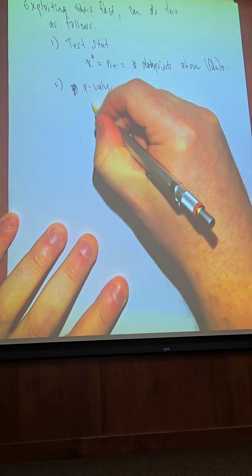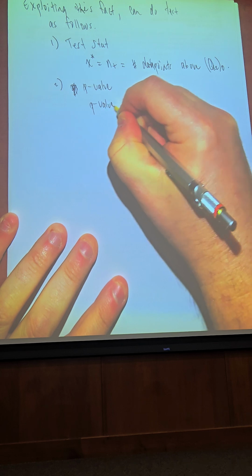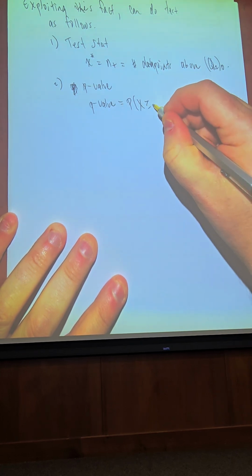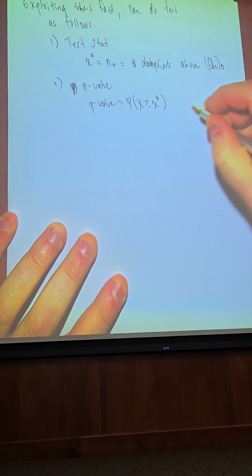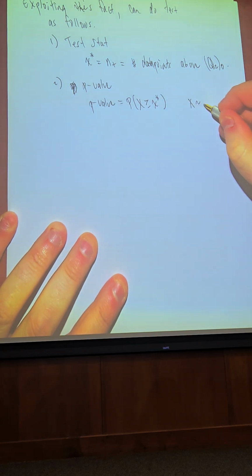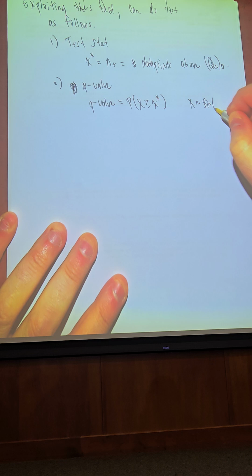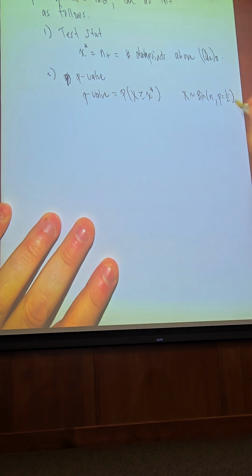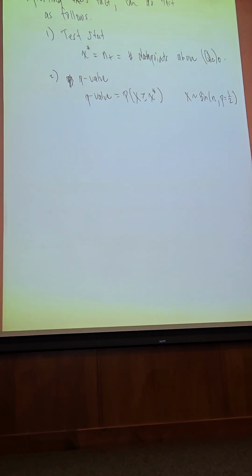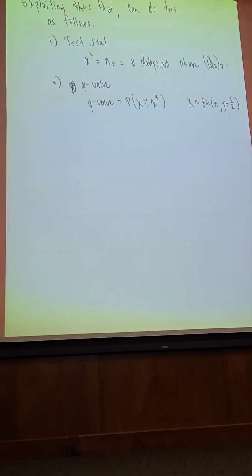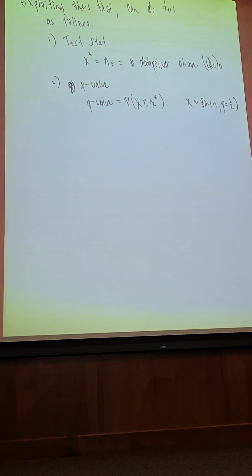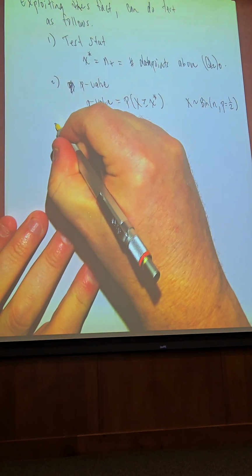My p-value is going to be the probability that X is greater than or equal to x star, where X, like we said, has a binomial distribution with n and probability of success 1/2. And we can do our decision and final conclusion.